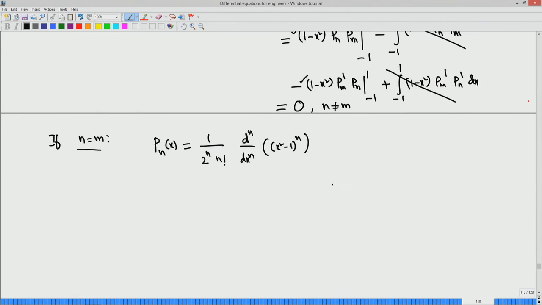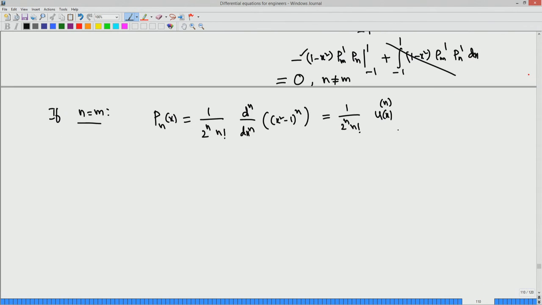You call this some u. So, we can write it as 1 by 2 power n n factorial times the nth derivative of u of x, where u is this function.